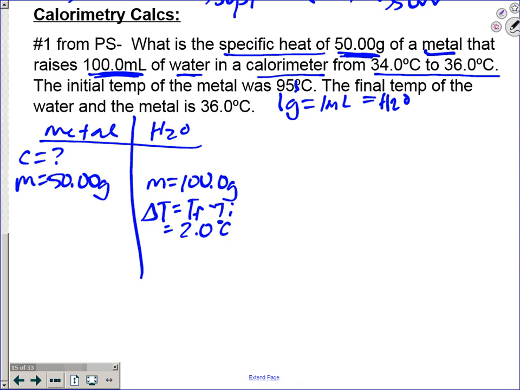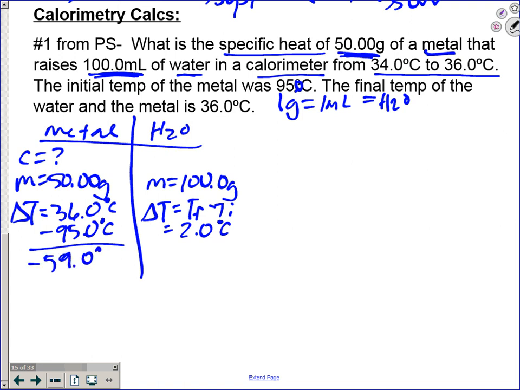I'm going to call that 95.0, just so I can keep my secrets there. You can't change questions, but I can, okay? So what's my ΔT? 36.0 minus what? 95.0. So what's that? Negative 59.0 degrees Celsius.